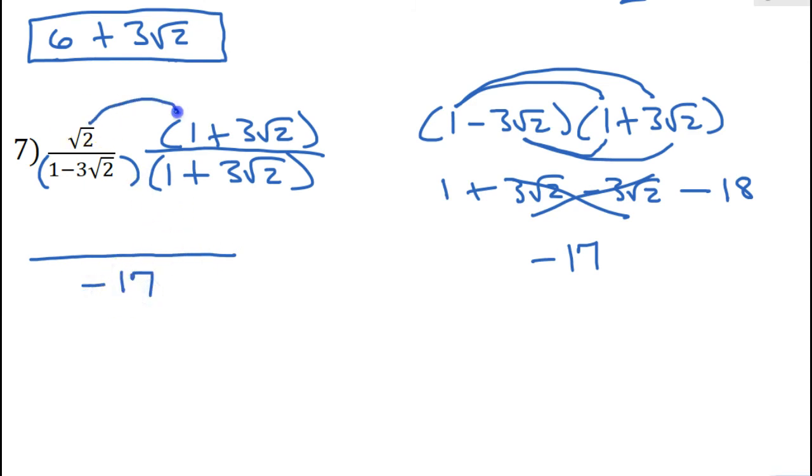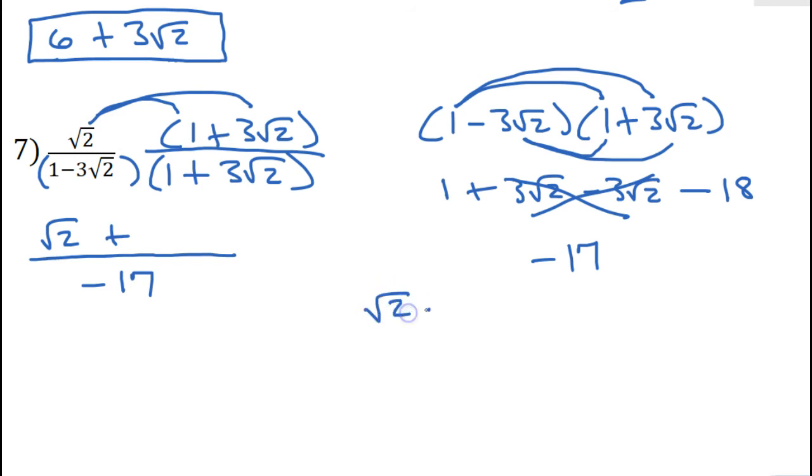In the numerator, I'm going to distribute the radical 2. Radical 2 times 1 is radical 2. Okay, now if I do radical 2 times 3 radical 2, which I'm going to do right here.